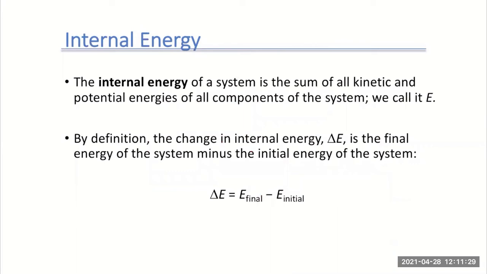And so when we look at internal energy of our system, that's the sum of all the kinetic and potential energy. And so we call that capital E. And by definition, the change of internal energy, delta E, is the final energy of the system minus the initial energy. So delta E equals E final minus E initial.